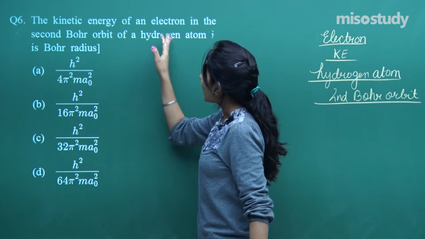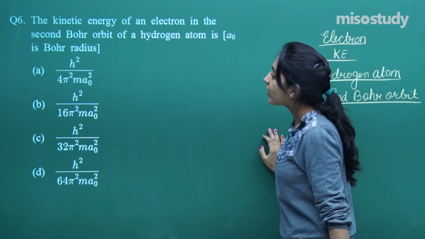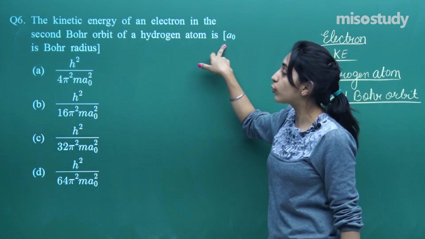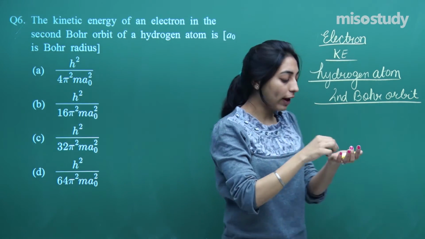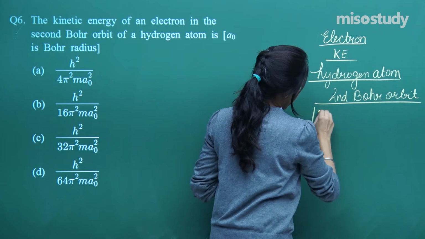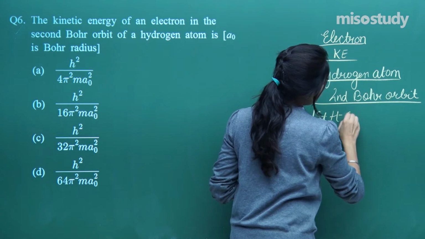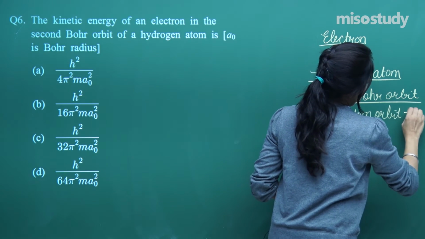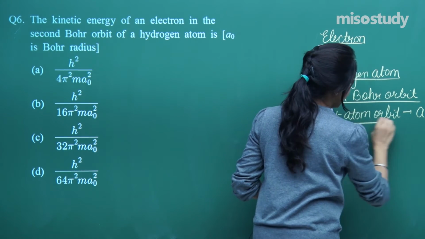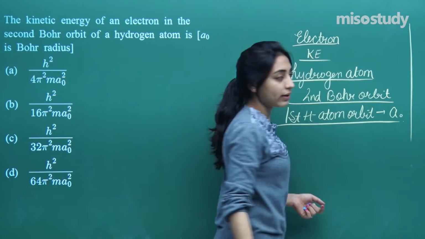Okay, so the kinetic energy of an electron we need to find out. Oh, one more thing is given to me, that A naught is the Bohr's radius of first orbit of hydrogen. So first hydrogen atom's orbit, and the radius is given to be A naught, right?